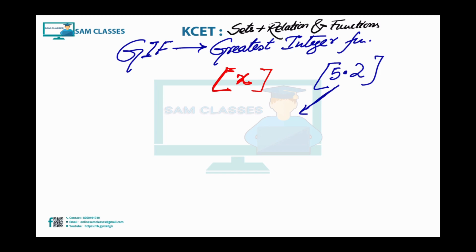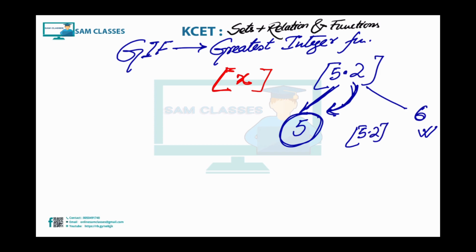This 5.2 is lying between 2 integers. One is 5, one is 6. So it should choose 6, correct? So it should take 6. No. It will always give the lowest integer nearest to it. So it always gives the lowest integer. So if you do the box of 5.2, we'll get what? 5.